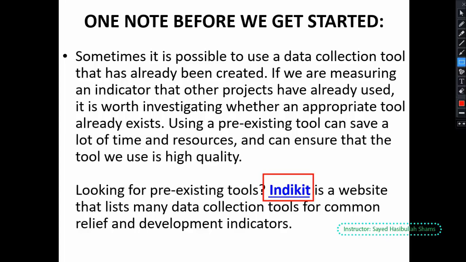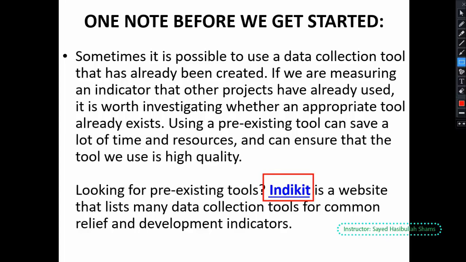So this plays a significant role. You can avoid wasting your resources, and you can use the resources efficiently, and you can find very good, comprehensive data collection tools easily, but with a reference.